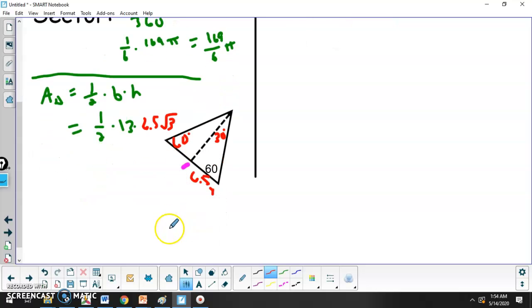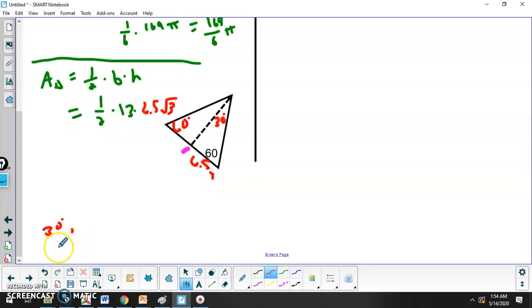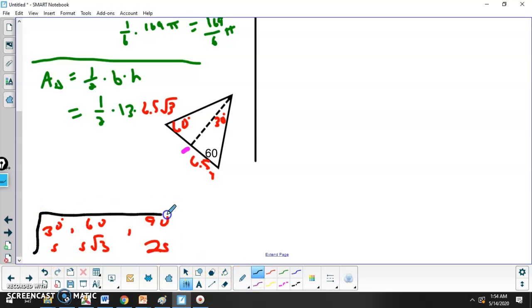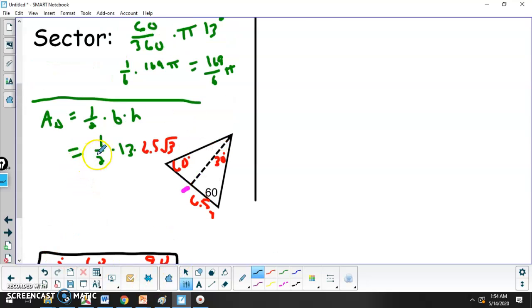Okay, you guys have to remember your 30, 60, 90 relationships. Okay, 30. If 30 is s, 60 is s square root of 3. And the one across from the 90, the hypotenuse, is 2s. Okay, so that was from like the last section. So it's like kind of good that I taught you that because you can use it now here.